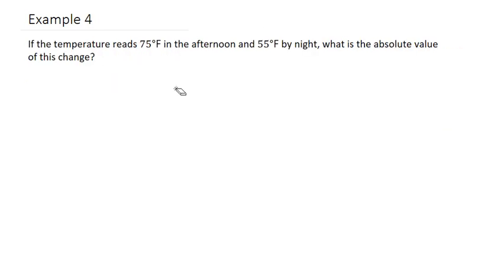If the temperature reads 75 degrees in the afternoon and 55 degrees by night, what is the absolute value of this change? So for this, we would have an absolute value sign, and we're going to start with the 55 because that's what we end with. So we have 55 minus 75.